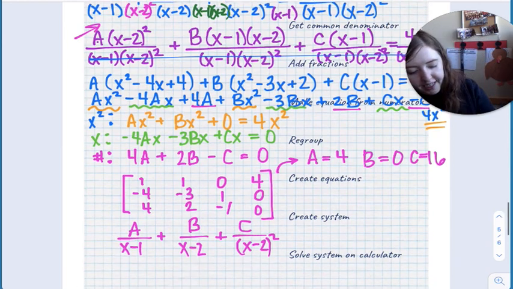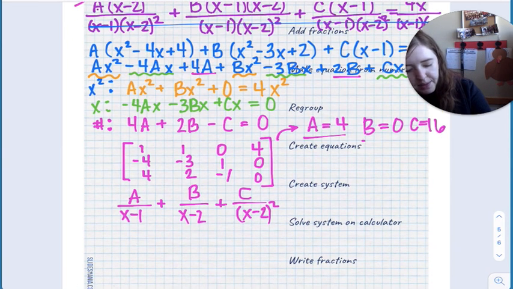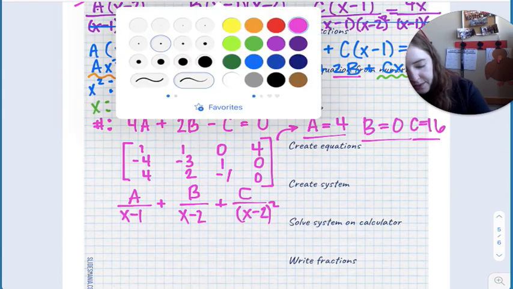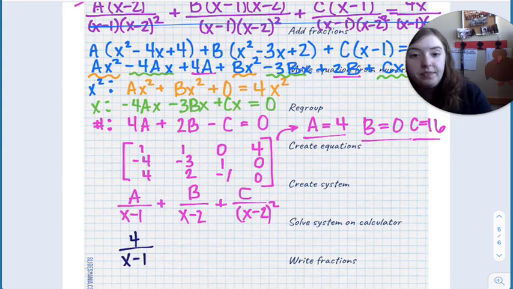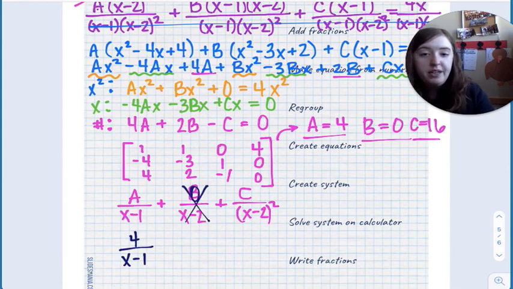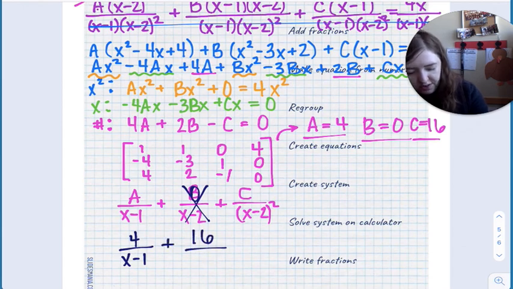So all we need to do is put in A, B, and C. A we know is 4, so that's going to go on top of x minus 1. B is 0. So 0 divided by x minus 2, that's just 0. So we don't need to worry about that term. Plus, and then C was 16 over x minus 2 squared.